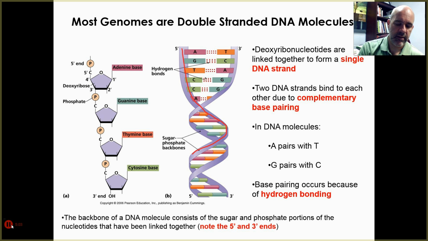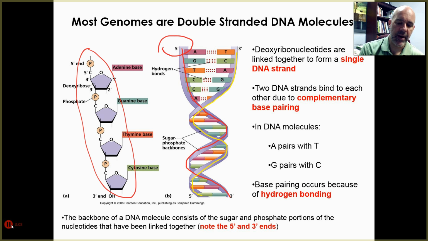And another thing I want to point out to you guys on here: here's one DNA strand. The purple represents the sugar-phosphate backbone. And over here, here's your other one. What I want to point out is, notice they've got this 5 with an apostrophe next to it, and a 3 with an apostrophe there.